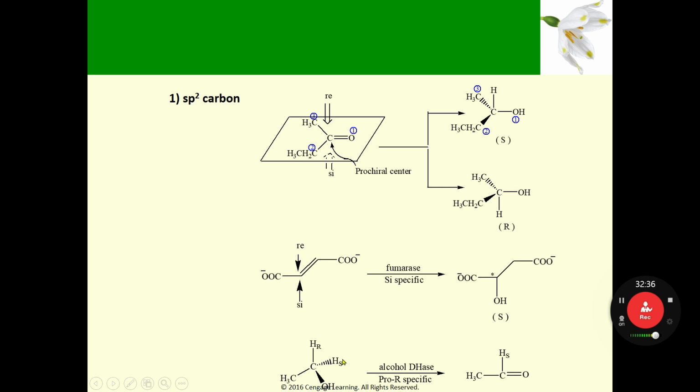Okay, and then the other hydrogen will have the lowest sequence priority, and then you assign R and S, and when you replace this with deuterium, if it is S configuration, then you call this the pro-S hydrogen.